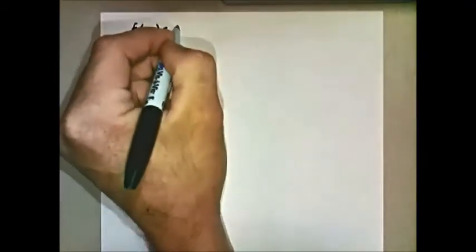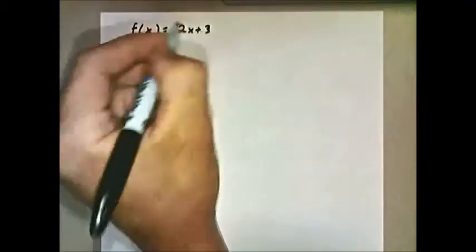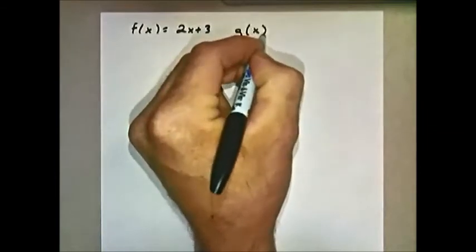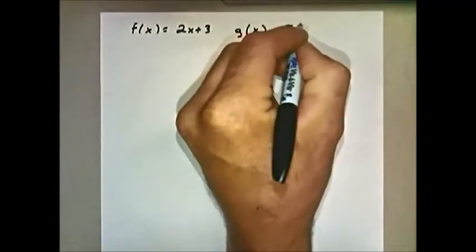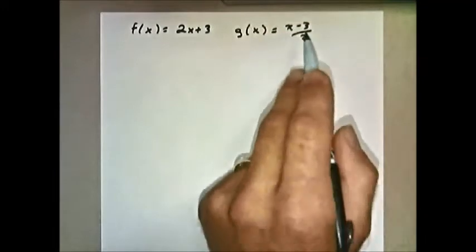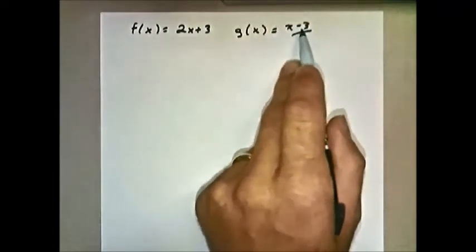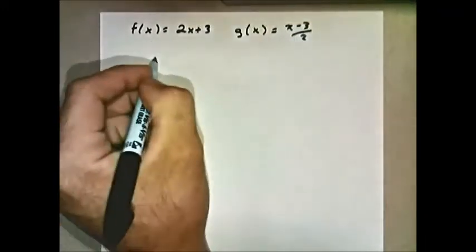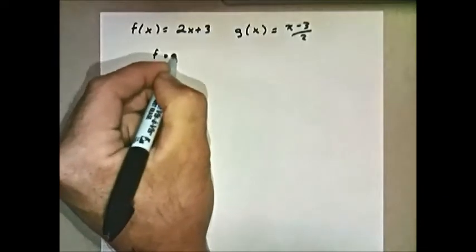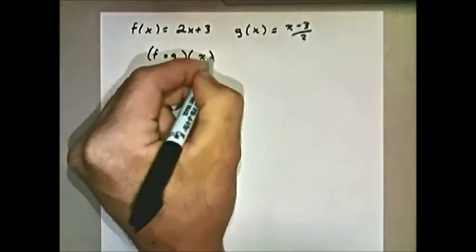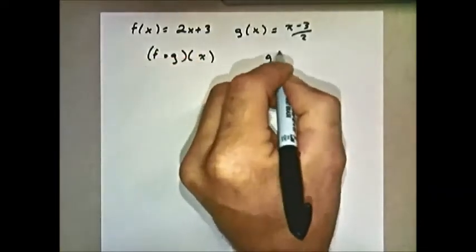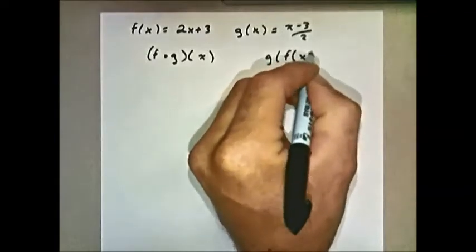Remembering, we just found that this was the inverse of this. What happens if we find f of g of x and g of f of x?